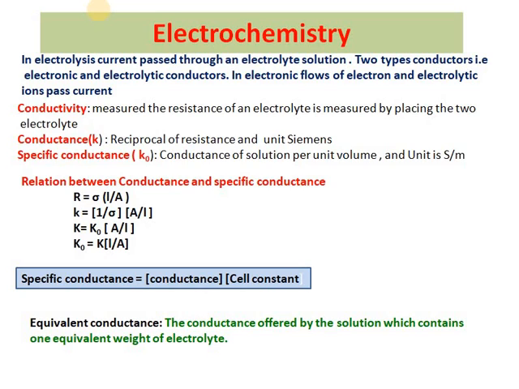It is denoted by capital S, and conductance can be represented as small k. But the conductance of various solutions can depend on the volume of solution that the two electrodes enclose between them for the measurement of the conductance.